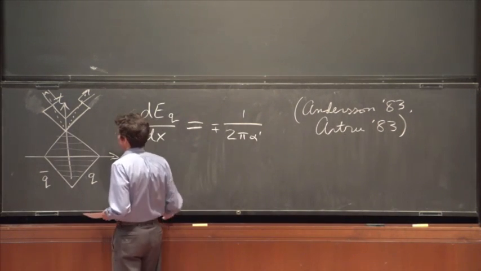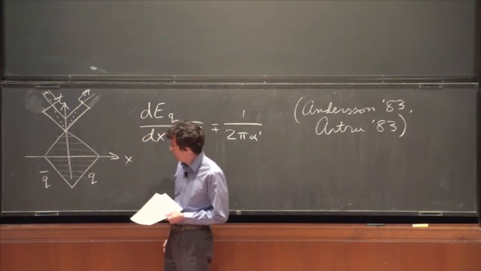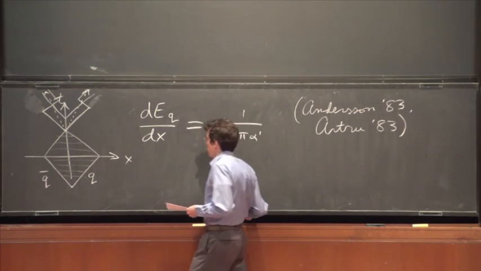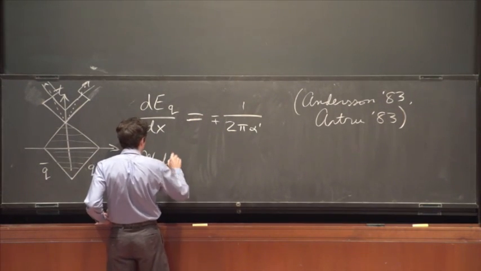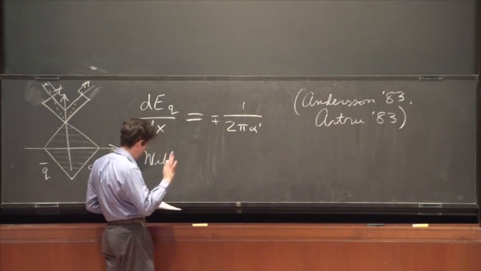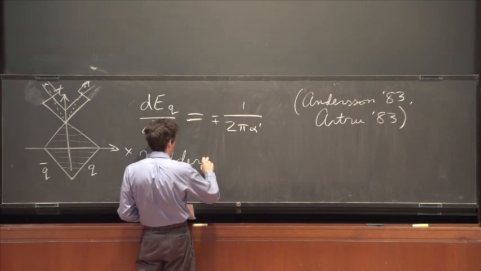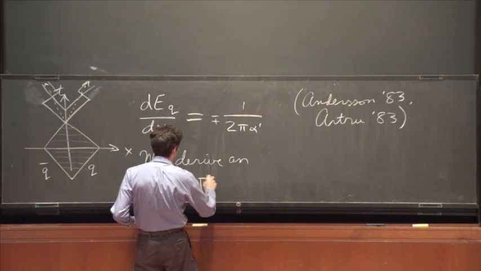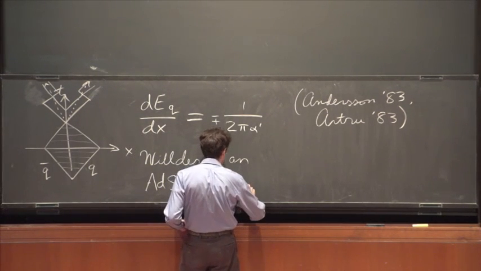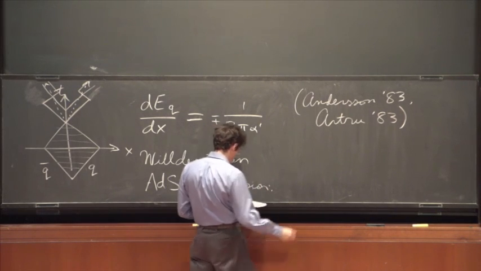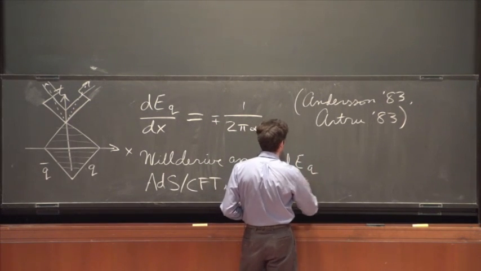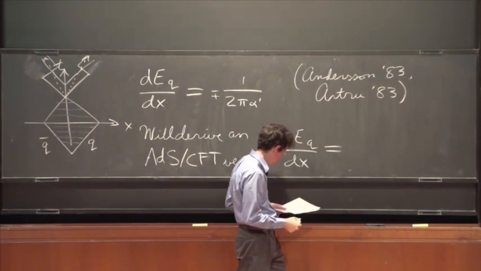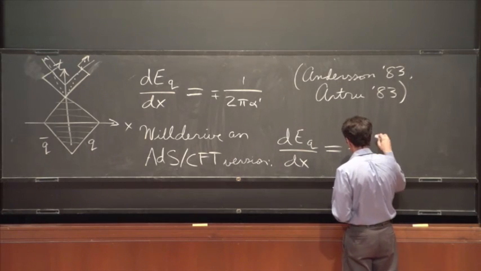What I want to do with it is to generalize it in some way to an AdS/CFT setting, and I'm going to derive, with some substantial assumptions, as you will see, an AdS/CFT version of this, which will take the form of energy loss by a light quark in a thermal medium, and it's going to look like this.